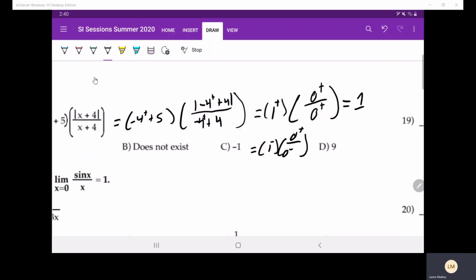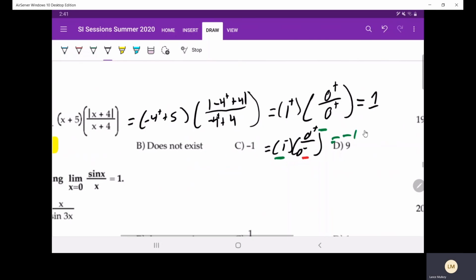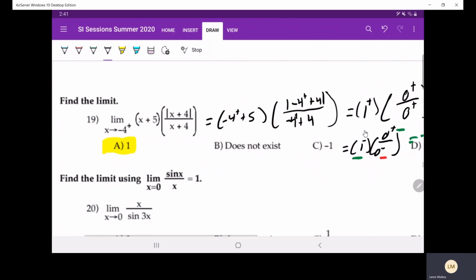This is positive, positive, negative. And that's going to equal -1 if the limit is coming from the left. So always keep that in mind. The limit's not coming from the left here. It's coming from the right. So the correct value is 1.